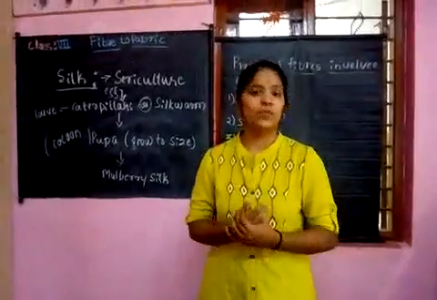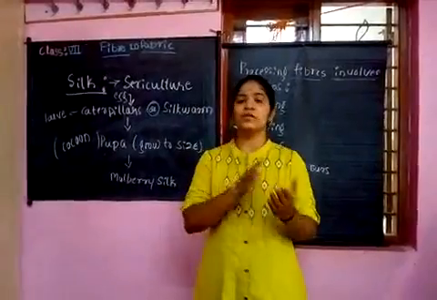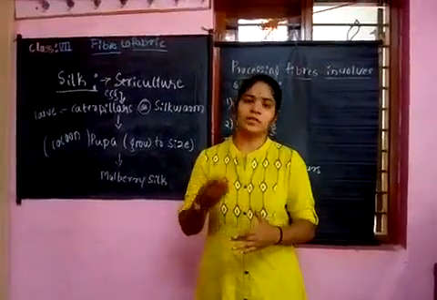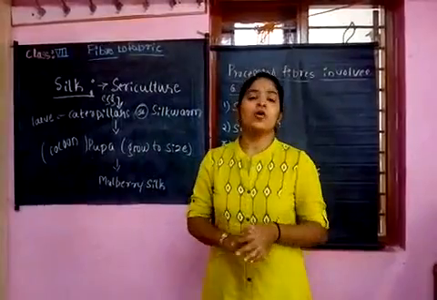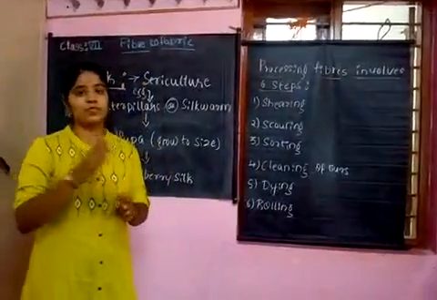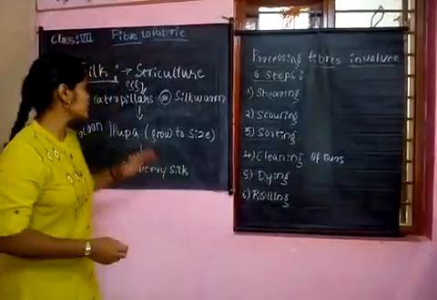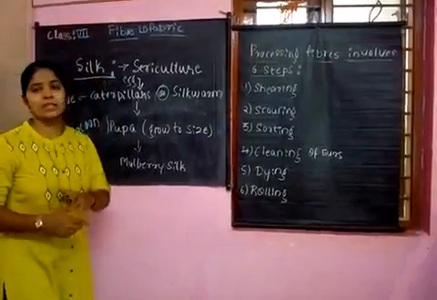So students, what is sericulture? Sericulture is nothing but the rearing of the silkworm for the process of obtaining the silk. This sericulture involves 4 main steps, means it includes 4 main stages for obtaining the silk fiber. The first one is laying of the eggs, which is done by the female silk moths.